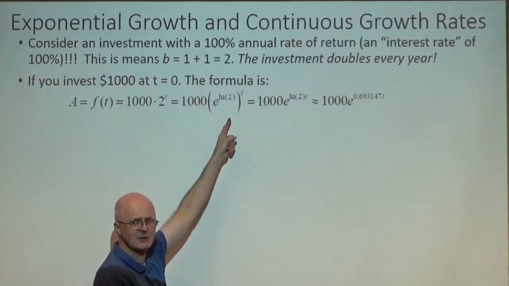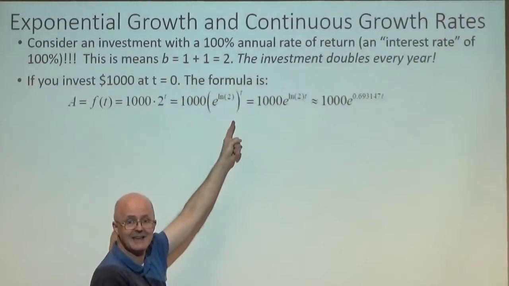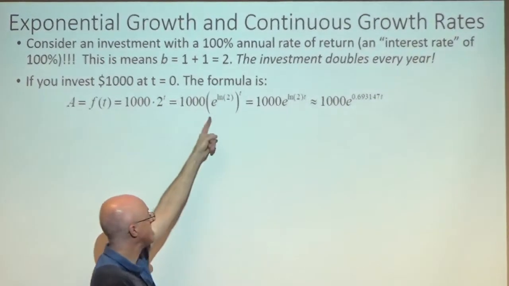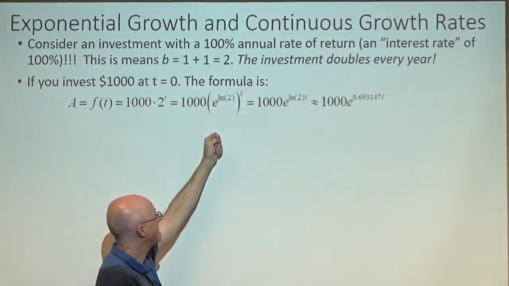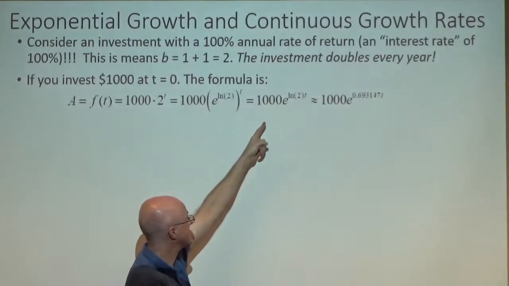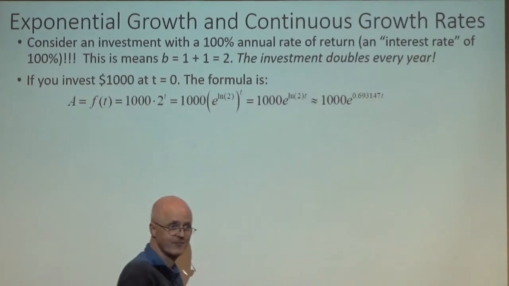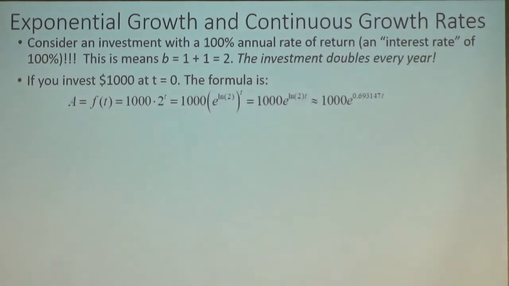Kind of a strange thing to do, seemingly, but that's certainly okay, because e to the x and natural log of x are inverse functions. 2 does equal e to the natural log of 2. And then I can use a property of exponents to multiply those exponents like that, and natural log of 2 is about 0.693, as we saw last time. So that's how to write the exact same function in terms of e.